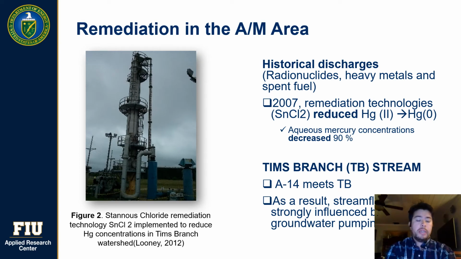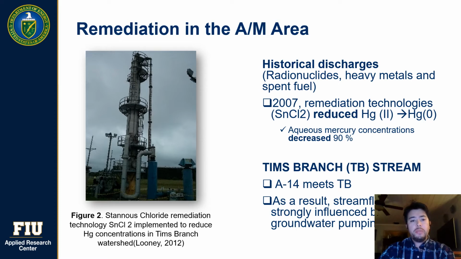Along with all of that contamination in the A/M area, in 2007, remediation technology started. Within remediation, an air stripping technology, in which stannous chloride is injected into the groundwater and then aerated in order to reduce mercury, was installed in 2007.